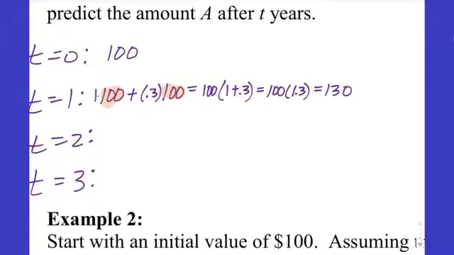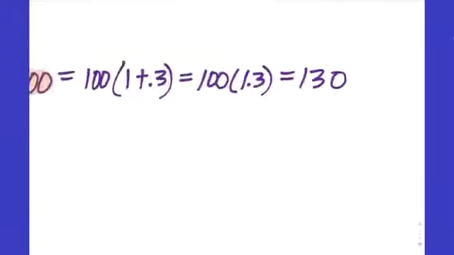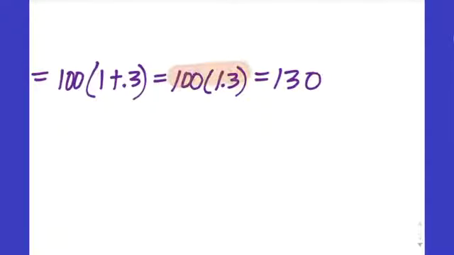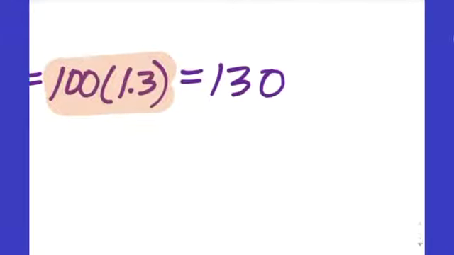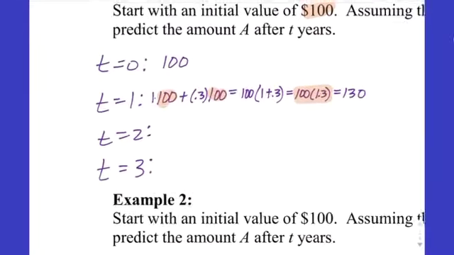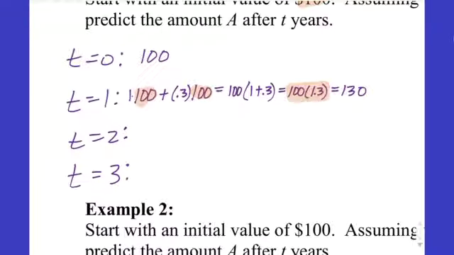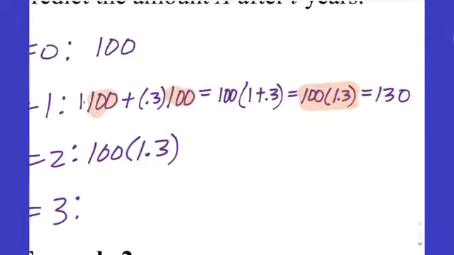Well, it's going to be everything we had the year before, which is $130. But I'm not going to use the $130. I'm going to use this version of it. The reason being, we're looking for a pattern. If we just give integer values at the end, the pattern is absorbed in the final answer. So I'm going to take everything we had before, 100 times 1.3. And to that, we're going to add another what?